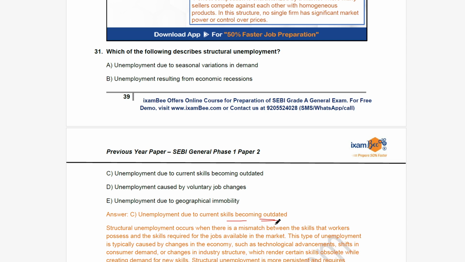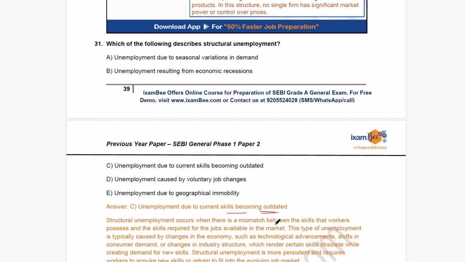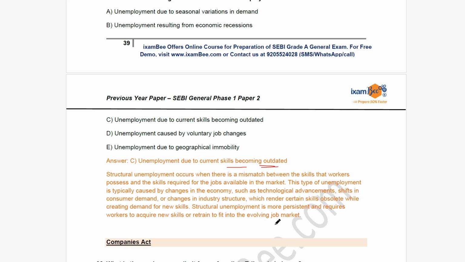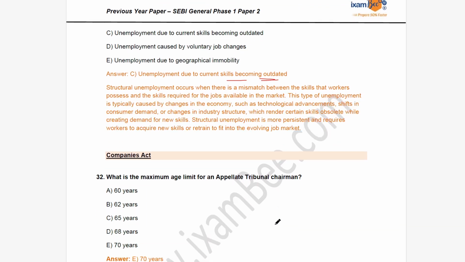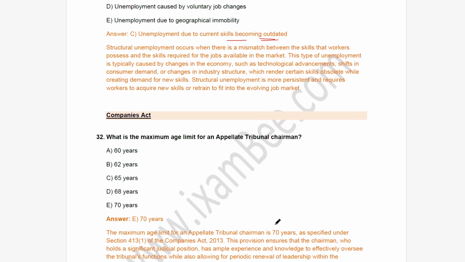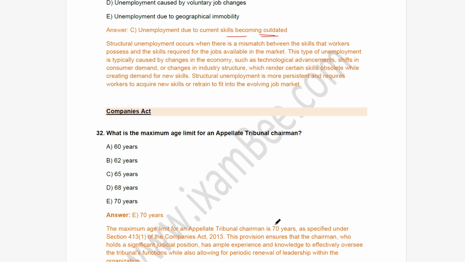If you have heard about the current budget, the government is also trying to fill that through various skilling schemes, right? So this was one question which I will say is there in our RBI course, but given the focus was not on it in the SEBI, we had not done it directly. But if you have been preparing for various exams, you would have been able to do this particular question also.